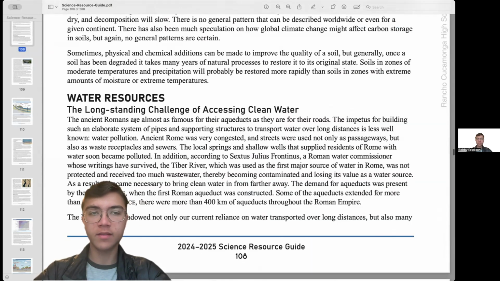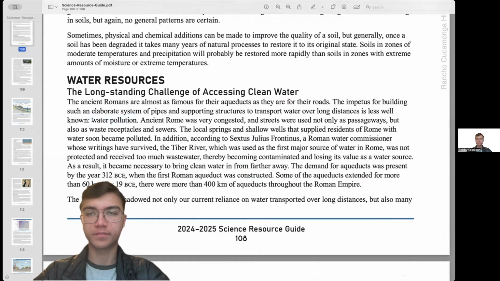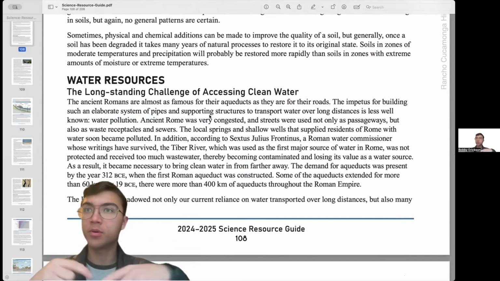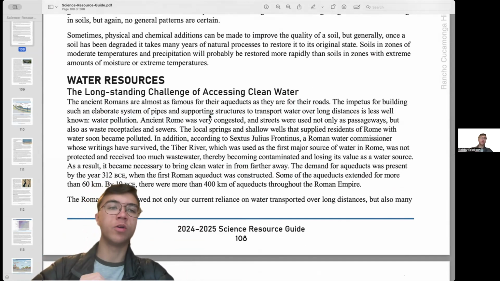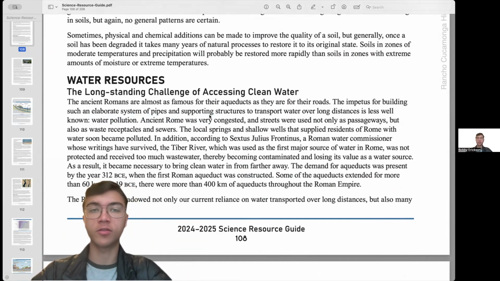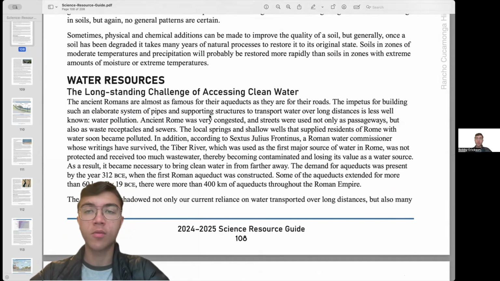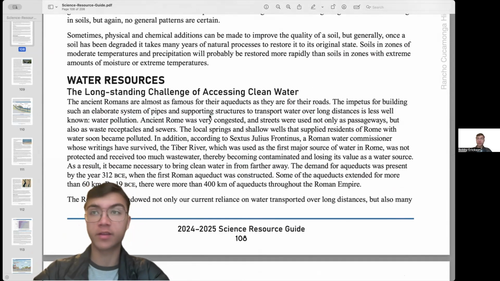The problem with these is that water pollution would build up in them. Ancient Rome had a lot of different inputs of water, such as waste receptacles and sewers, and a lot of this water was going into the aqueducts and into the pipes.